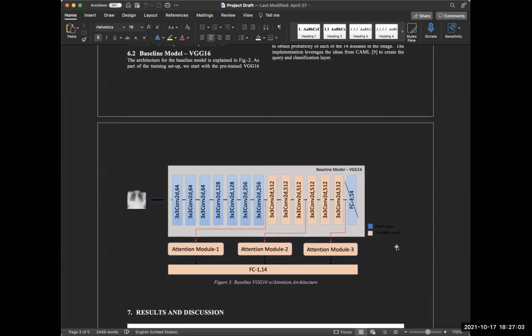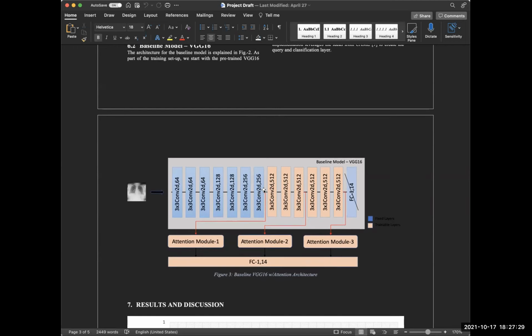We chopped the VGG16 into different blocks, like block 1, block 2. Instead of the last layer, we stripped off the last layer and created these attention vectors at different positions, concatenated them, and treated this as the last layer for the prediction task.